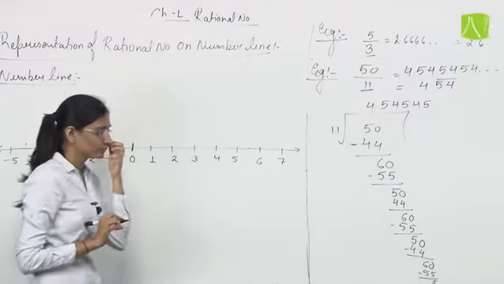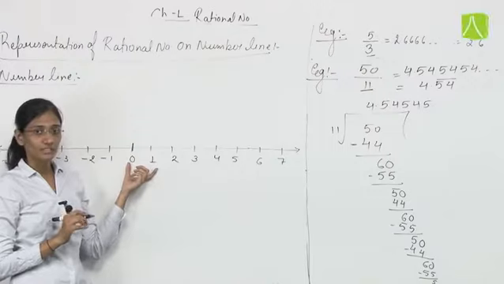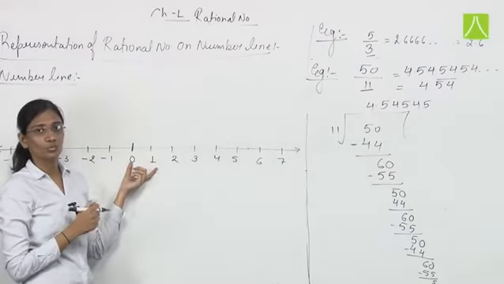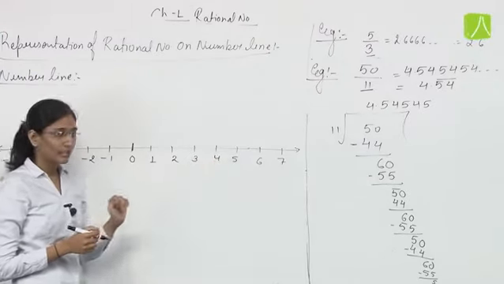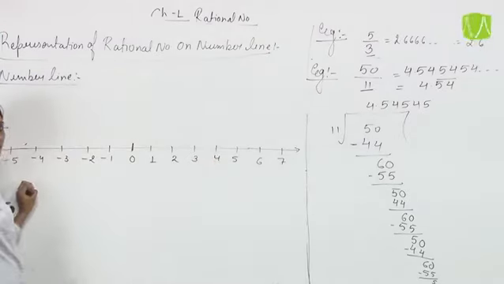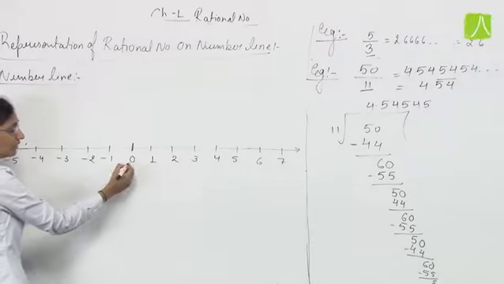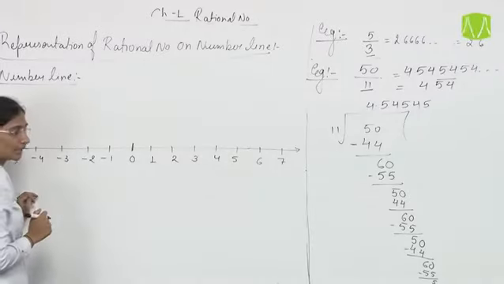Any number which is greater than 0 will lie on the right side of this number line, and any value which is less than 0, which is negative, will lie on the left side.